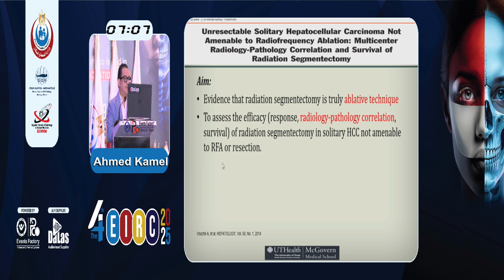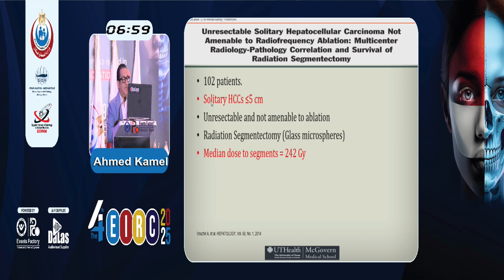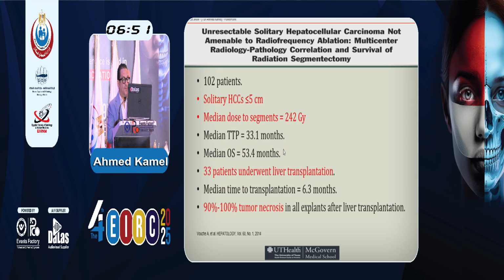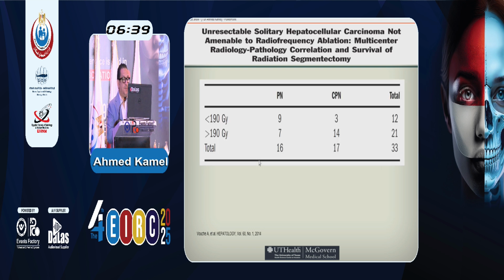This is a study by Vouche. They tried to correlate this high-dose Y90 technique, or radiation segmentectomy, with pathologic correlation. They studied 102 patients with a solitary HCC, less than 5 centimeters. They gave a very high dose, 240 grays on average. And they found 90 to 100% tumor necrosis in all the patients that had an explant after this Y90 treatment.